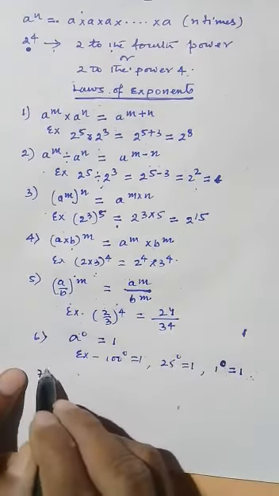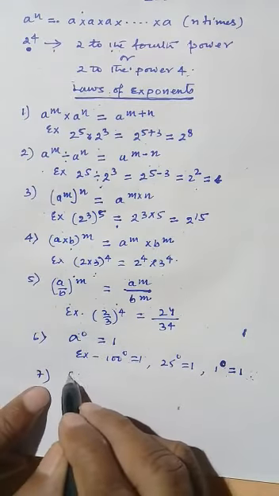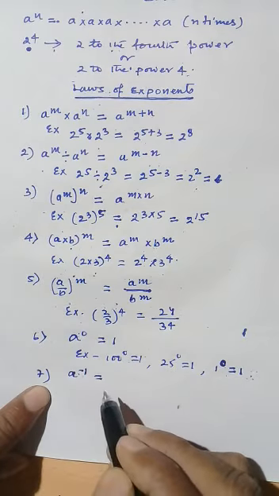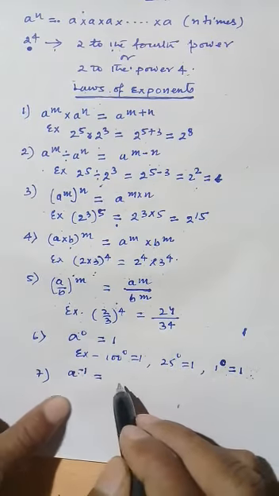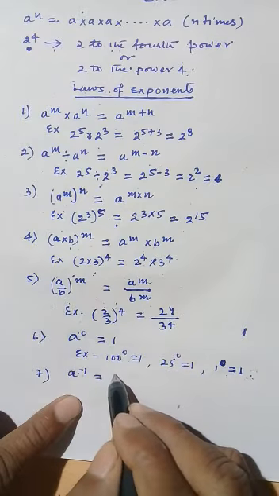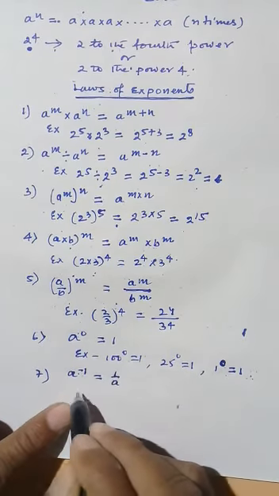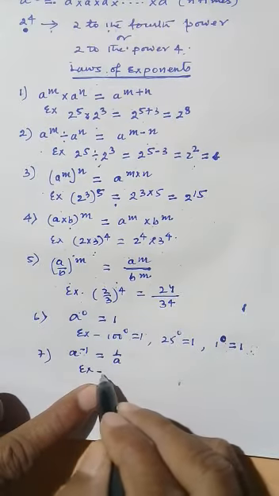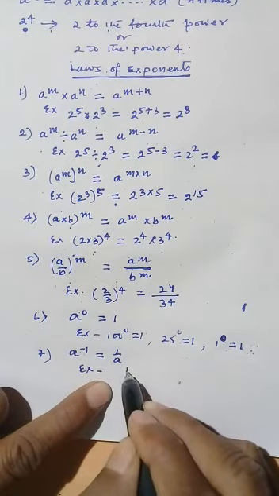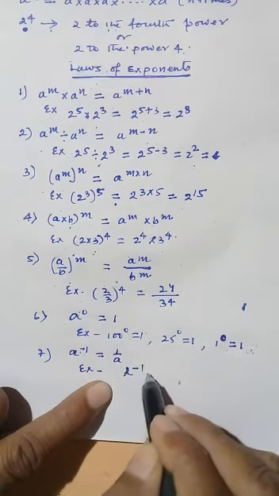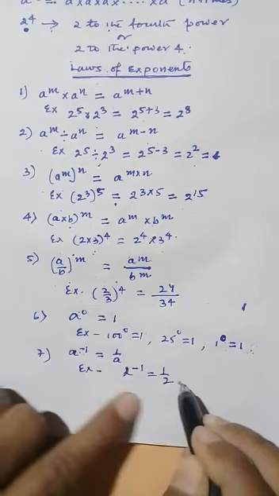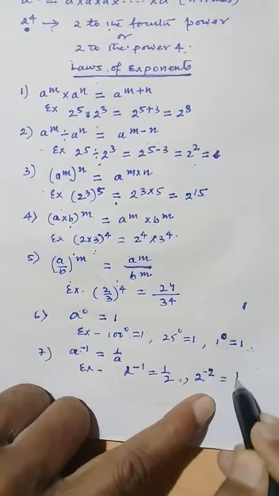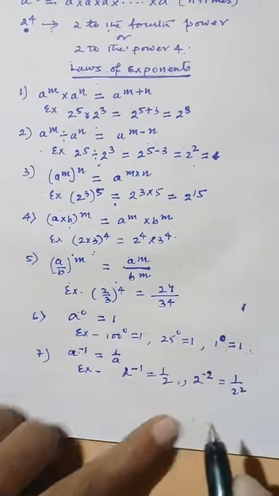Number 7: a to the power minus 1. If the power of an exponent is negative, then we have to take the reciprocal. Example, 2 to the power minus 1 is equal to 1 by 2. 2 to the power minus 2 is equal to 1 by 2 square.